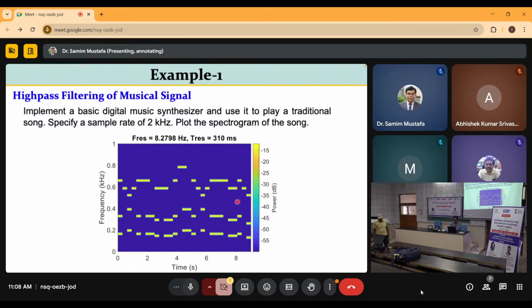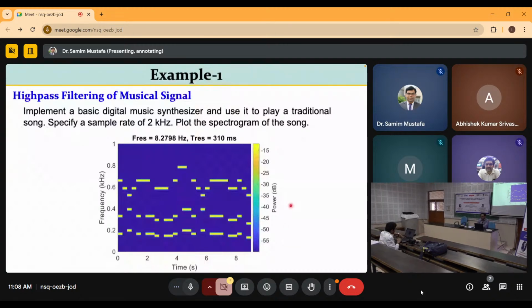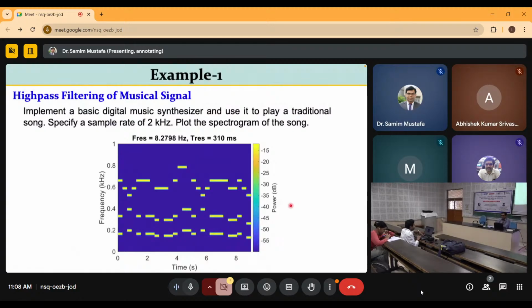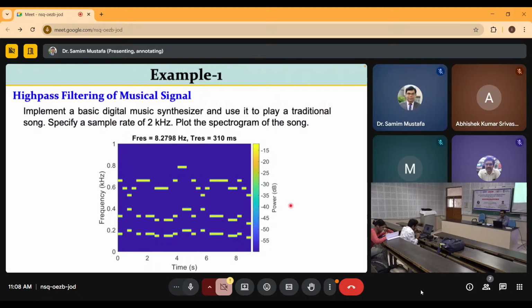So you see there is a melody in the spectrum as well as some other melody also. So we want to eliminate some of them so that the nicer melody remains and the awkward sound goes away. Okay, some beep beep sound in the intermediate sound you can hear in between. Okay.